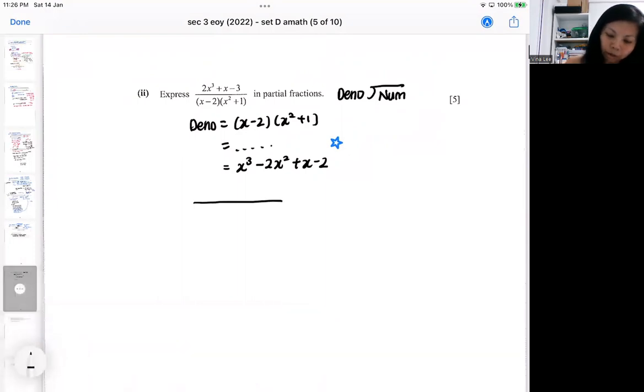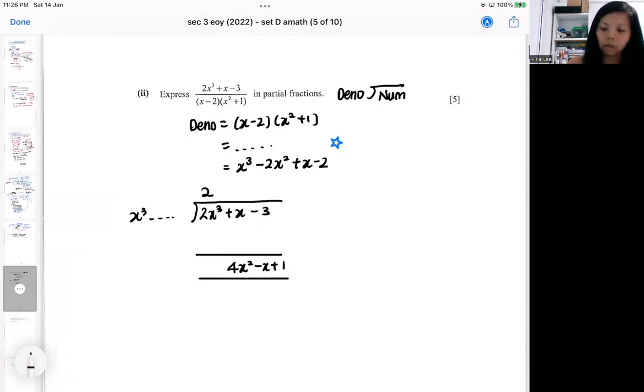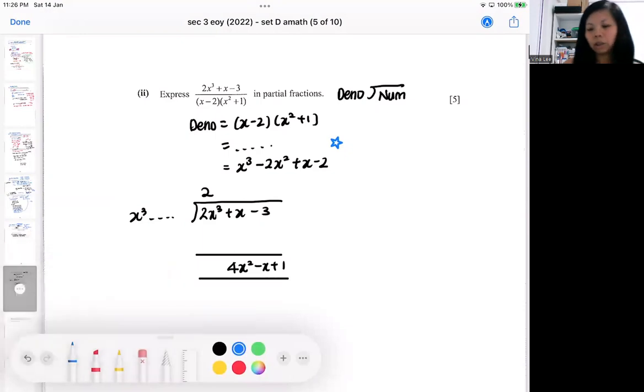When you put the long division, the numerator is inside and the denominator is outside. I won't show the long division, you do it yourself. You will be getting this. Usually long division is another chance of careless mistake.